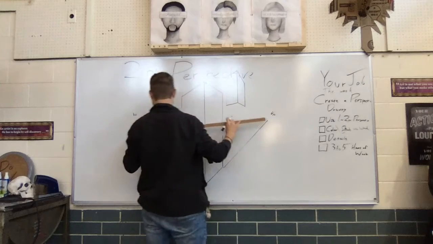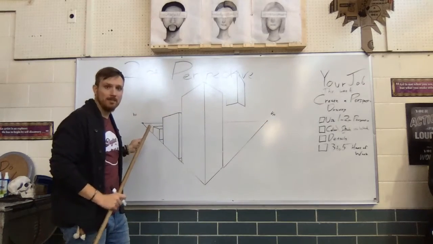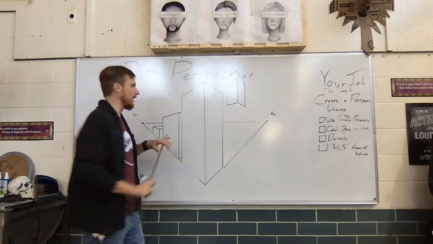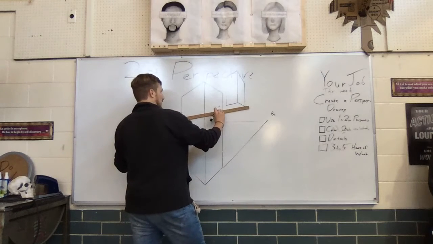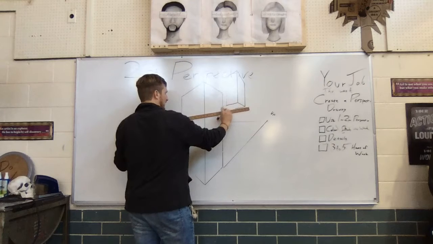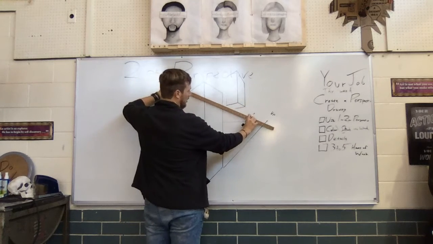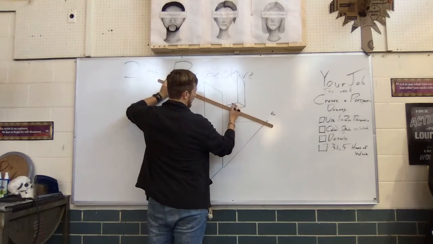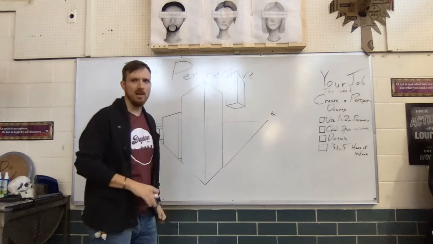Now on the bottom here, I'm going to do the same thing that I did on the top of this building, except on the opposite. So I'm going to start, and I'm going to have this cut across. And then the trick, when we see something fully like this, is we're going to go from both of those corners to create our diamond in the back. So now I've got a building there.